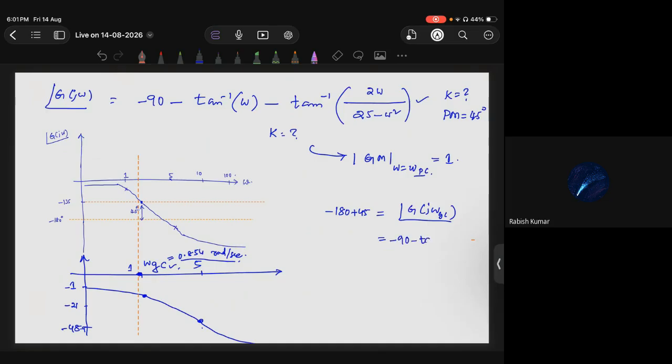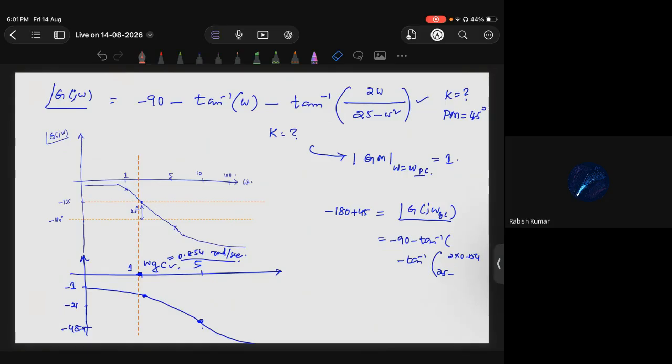Minus 90 minus tan inverse omega, minus tan inverse of 2 omega divided by 25 minus omega square. I'm sorry, just a minute.